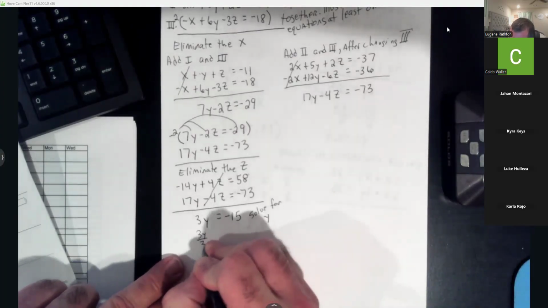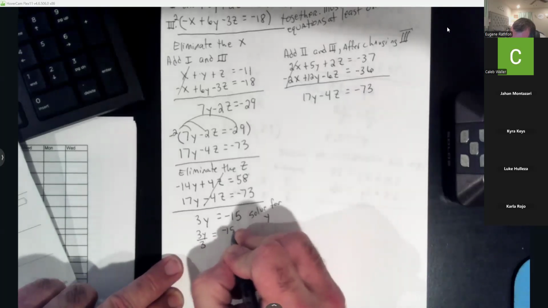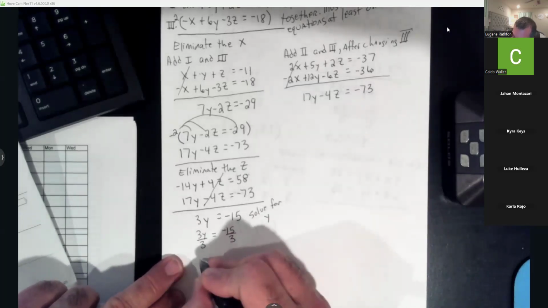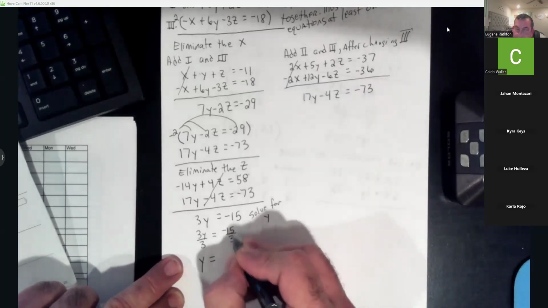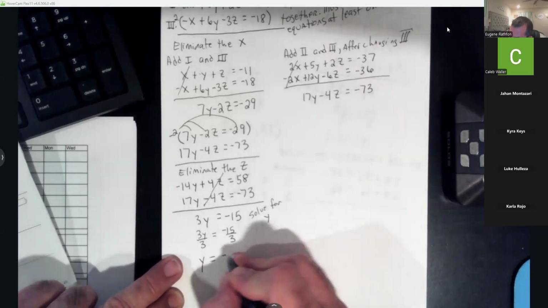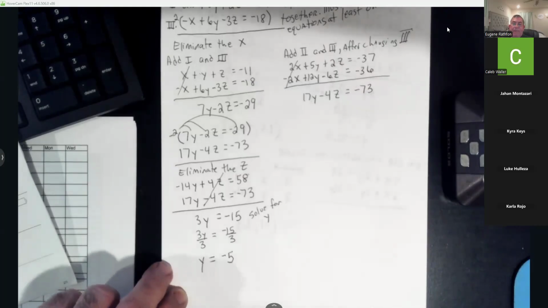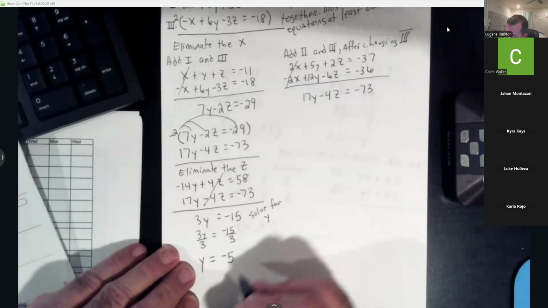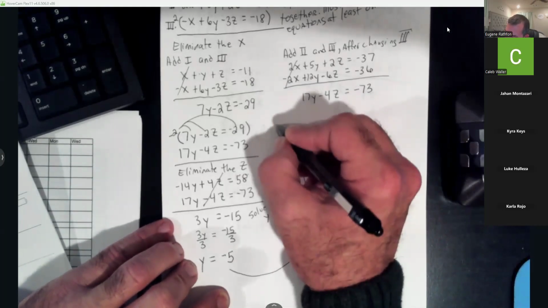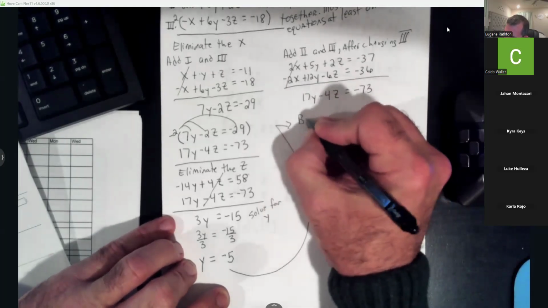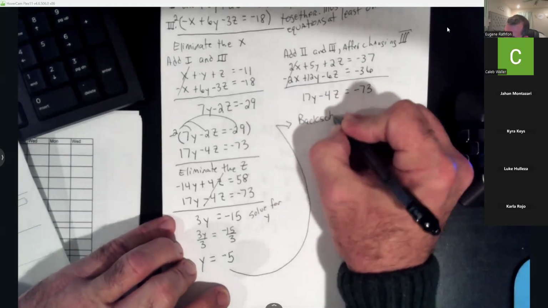And y'all, to do that, we'll just divide both sides by 3. So that cancels, and I get y. Negative 15 divided by 3 is a negative 5. All righty. So from here, we're going to go to here and back substitute.